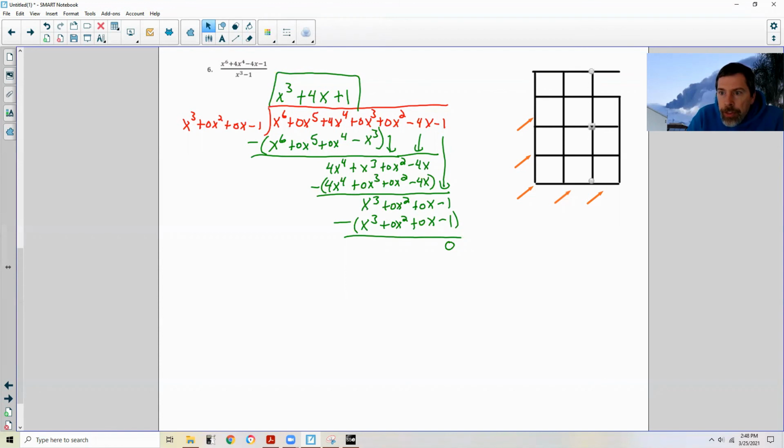So you're going to need a larger one. This x cubed is going to go here. 0x squared is going to go here. 0x is going to go here. And a negative 1 is going to go there. I need another one of these arrows.